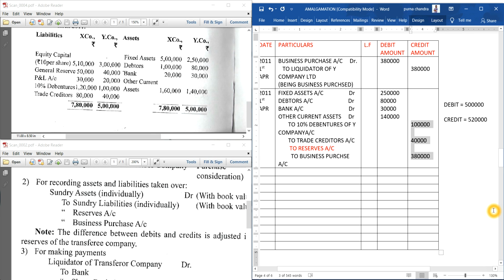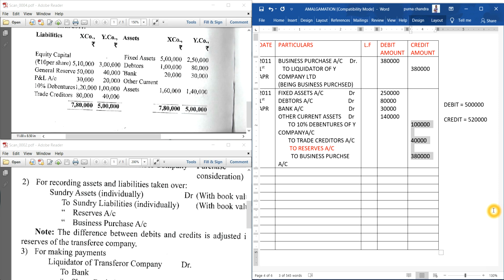Whatever 20,000 rupees you have paid, that is the extra amount you paid to Y Company. This is amalgamation in the nature of merger. In case of amalgamation in the nature of merger, the difference between assets taken over and liabilities taken over should be adjusted with reserves only.